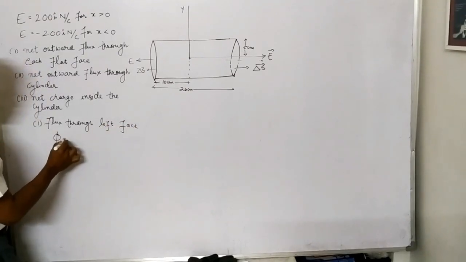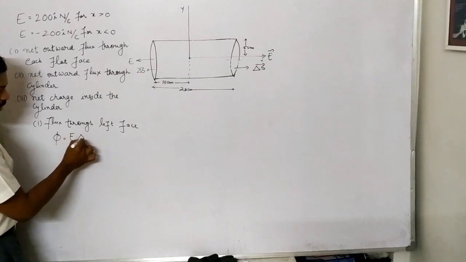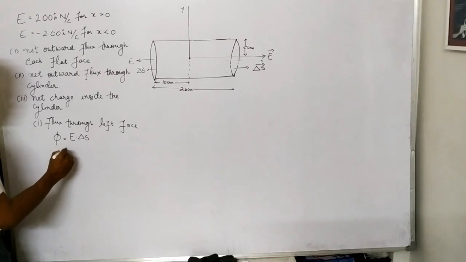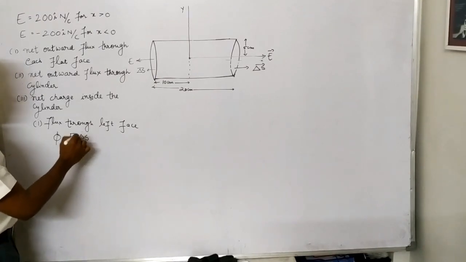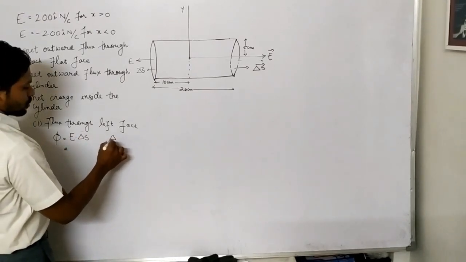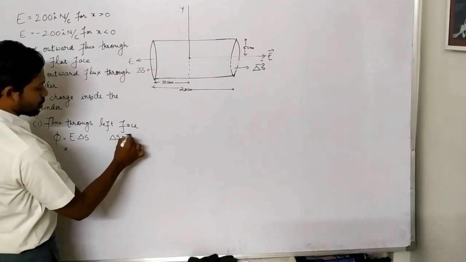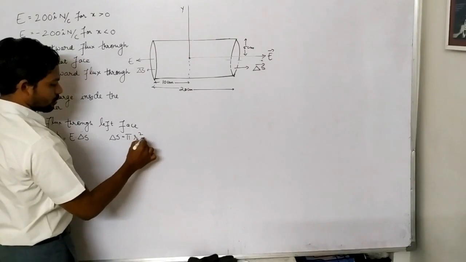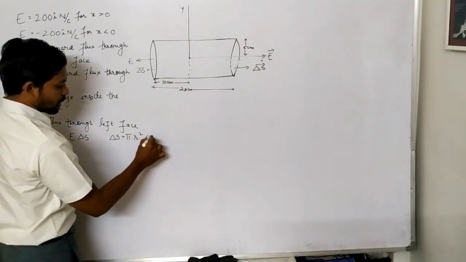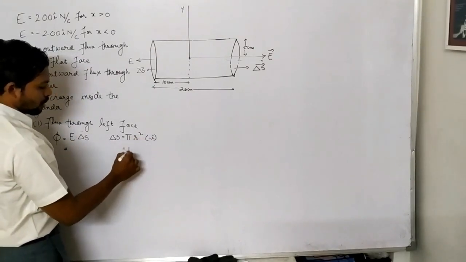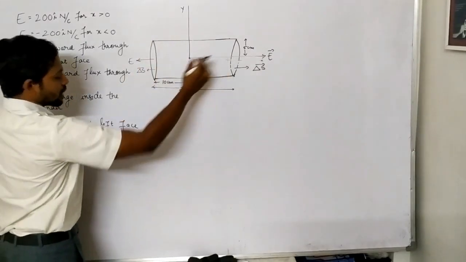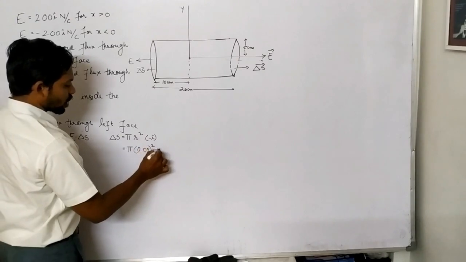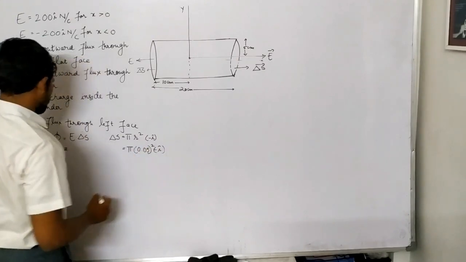So phi, we can write this as delta S, right? Surface area is pi r square, this is a circle, in the minus I cap direction. R value is 5 centimeter, so it can be written as 0.05 whole square minus I cap, right?